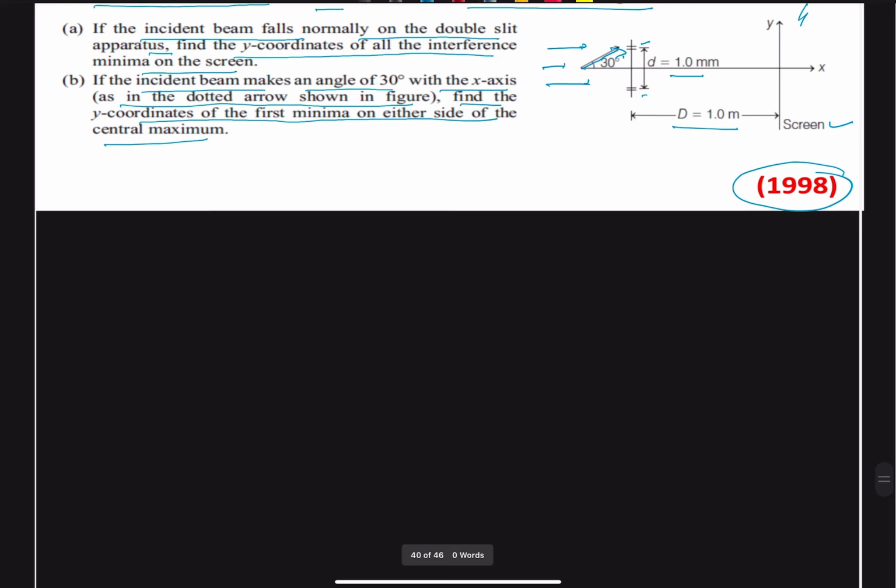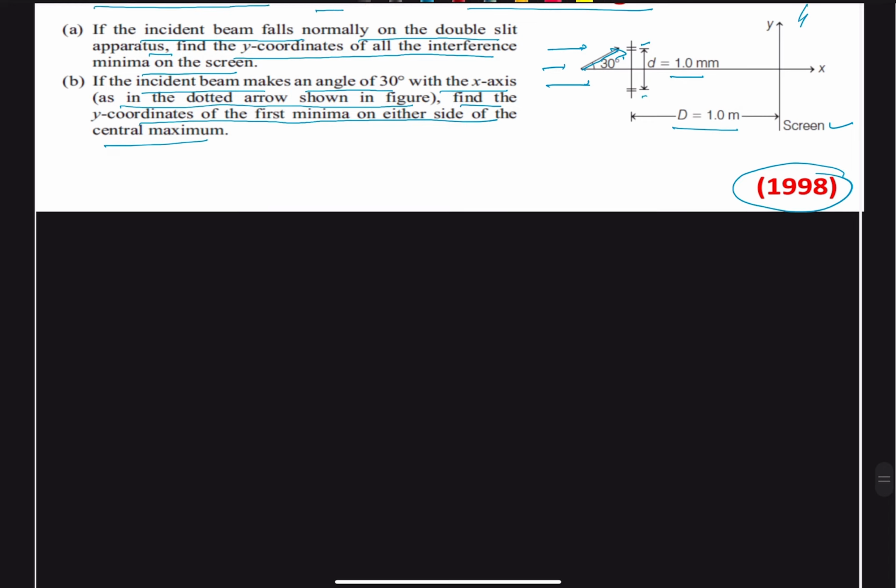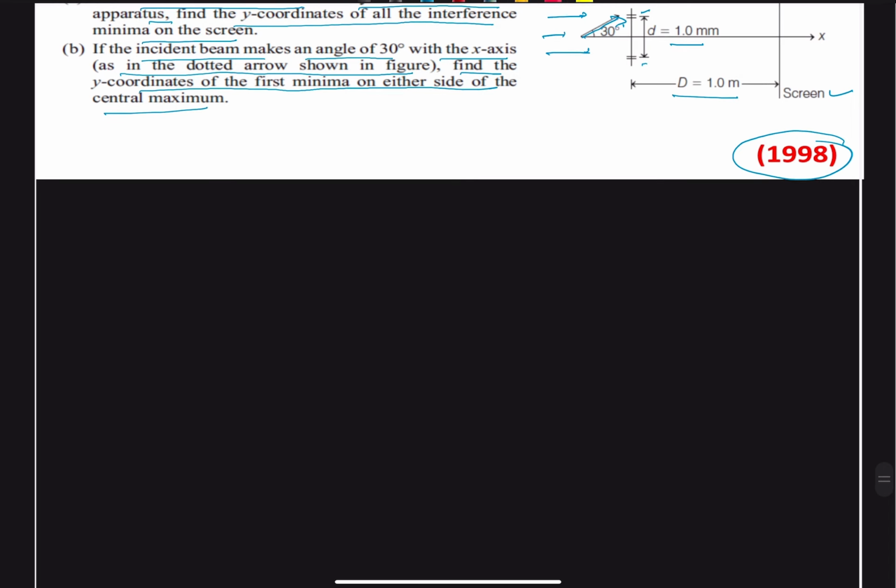Okay, so let us draw a figure for the first part, in which the beam should be parallel. So we have two slits, and let us call this slit S1, and this is slit S2. It is parallel, so it will be coming like this, and this is our central part, and suppose they meet at a point P, and we are supposed to find this coordinate y.